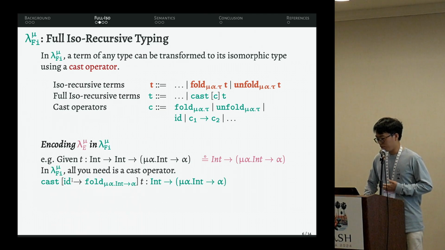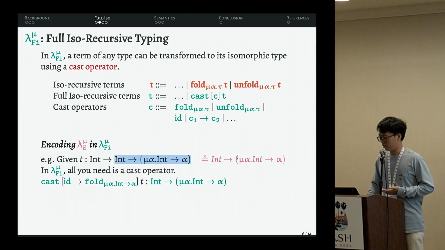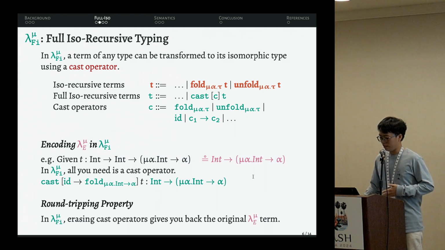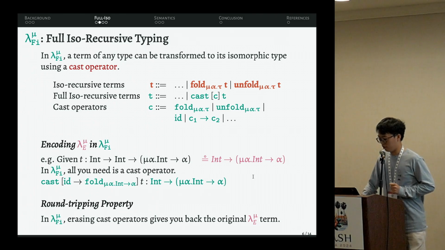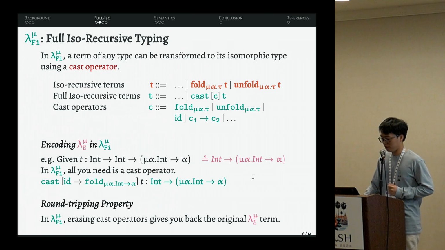Its input argument is an identity cast that keeps the integer as it is, and it transforms the output type by folding it to a recursive type. You can see that erasing these cast operators gives you back the same original term in the equi system. Later you will see it helps with our semantic preservation reasoning.